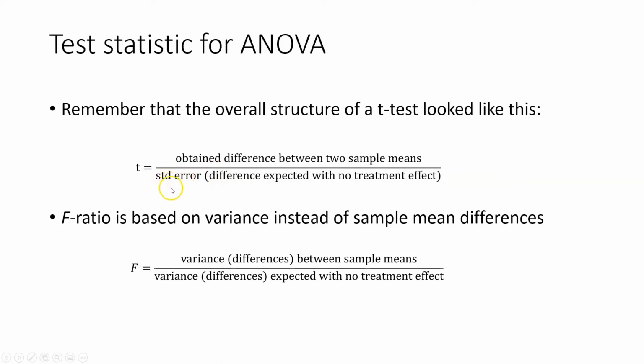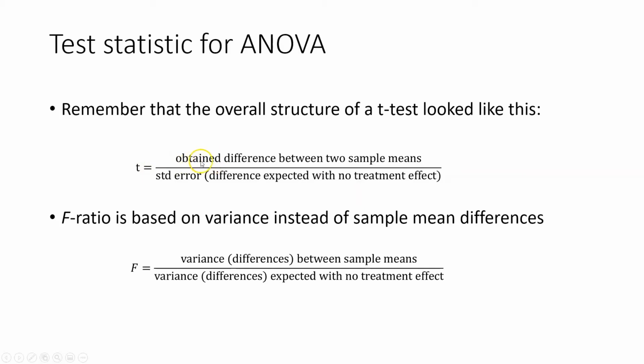And if that was a small difference, like 1, then we would say, whoa, that's a really big t. 5 divided by 1 is really big. But if the difference that we would expect just by chance is very large, like 10, then we would say 5 divided by 10 is only a half, 0.5, and that's a very small t that would fall right in the middle of the distribution.